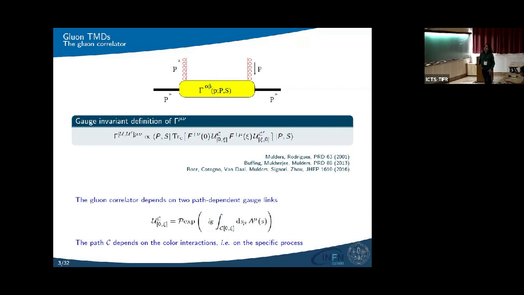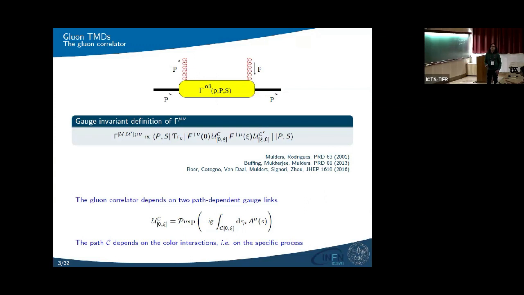The F here are the gluon field strength tensors, and they are calculated at different points. To make this object gauge invariant, we need gauge links, which are defined as path-ordered exponentials of integrals of gluon fields.